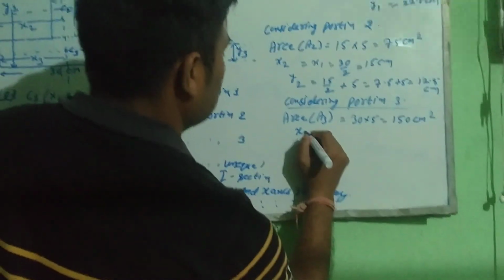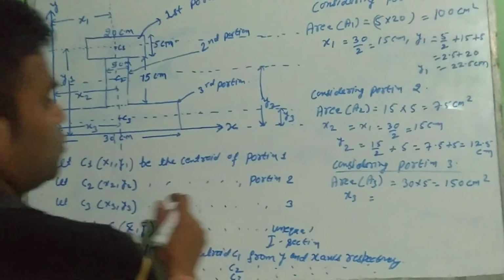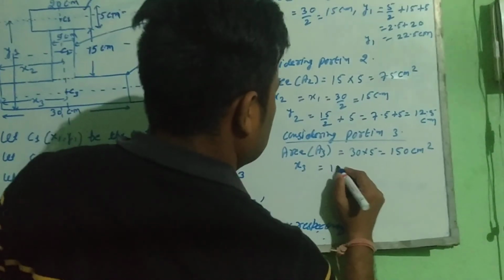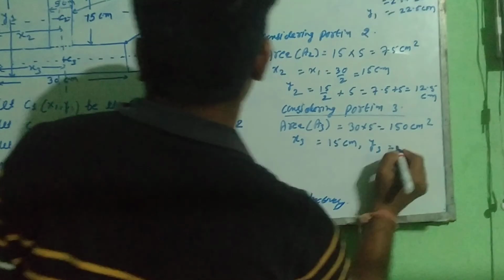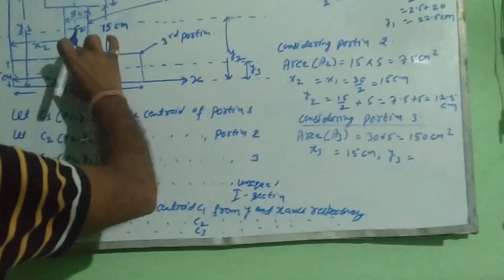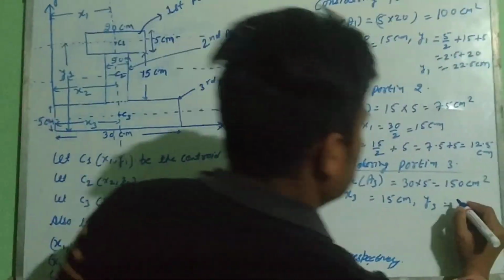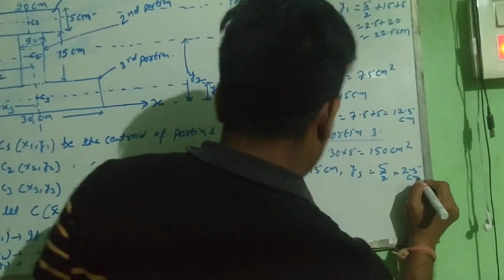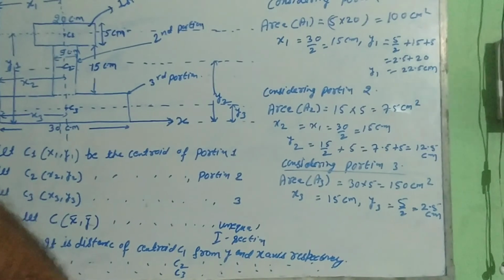Then x3: same, x1 is equal to x2 is equal to x3, 15 centimeter. And y3? Here y3 is the height of C3 from the x axis. What is the height? 5 by 2 is equal to 2.5 centimeter.